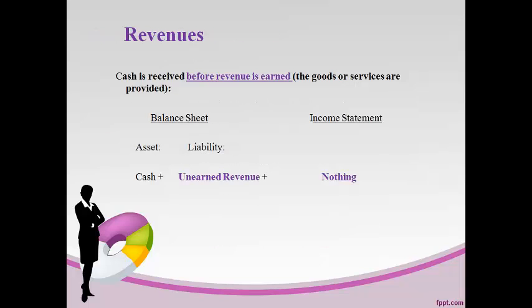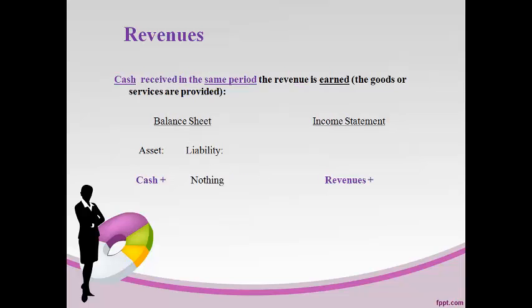Cash received before the goods or services are provided is not reported on the income statement. Instead, the company reports a liability called unearned revenue on the balance sheet. Cash received in the same period the goods or services are provided to customers does not require an additional balance sheet account.